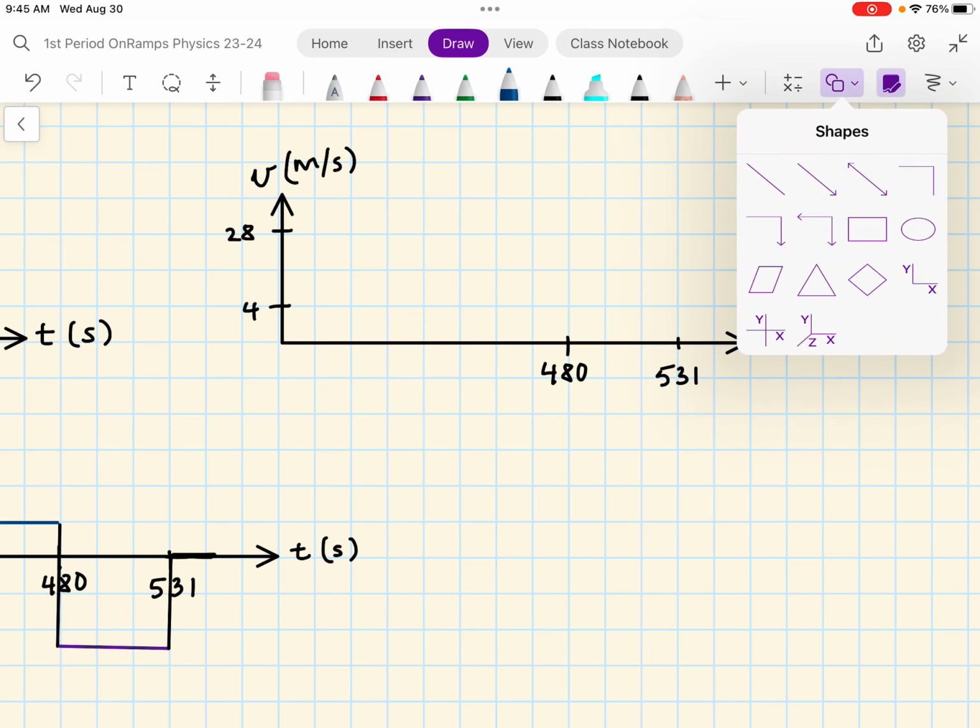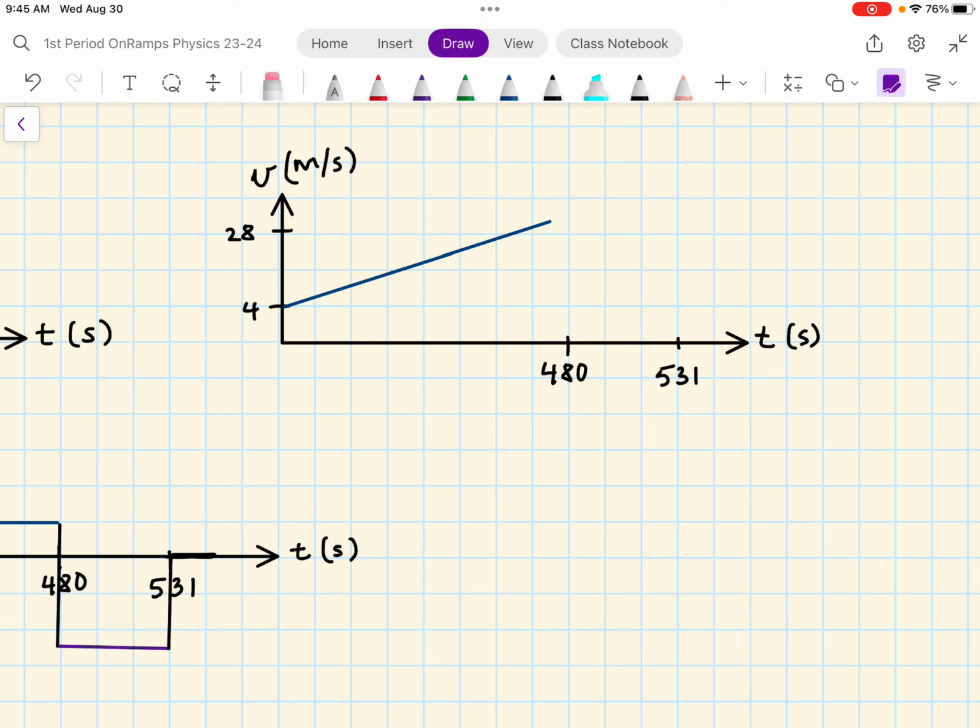So now we're going to have a positive slope, right, up to the 480 mark. There you go. As you can see, the velocity went from 4 to 28 for a span of 480 seconds. And then we're going to slow down until we come to a complete stop. So from 28, we go to 0. There you go. And this is the 50.9 seconds. There is my graph. Acceleration, deceleration. And then we should continue the graph at the 0 level, showing that it stopped.